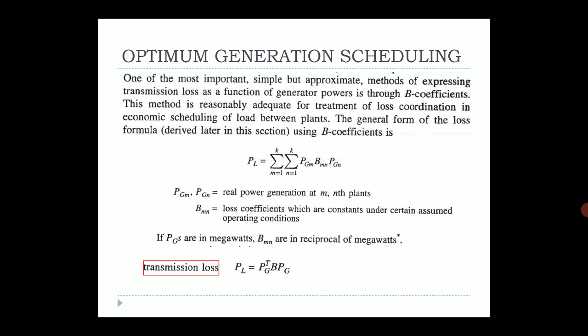The B coefficient is a matrix, where one side is one bus and the other side is the other bus real power. So PL is nothing but the double summation of PGM, BMN and PGN. So PGM is the bus from one side and PGN is the bus on the other side, and in between you have this B coefficient.